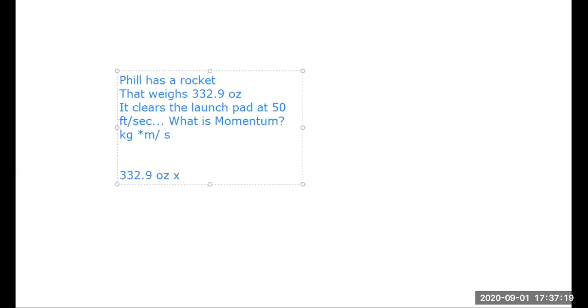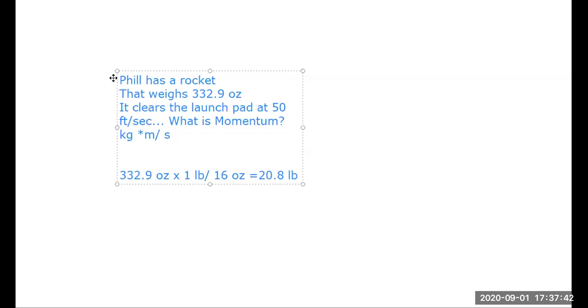And I'm going to multiply by 1 pound is 16 ounces. Okay, that's going to give me a conversion over to pounds. So I get 20.8 pounds.